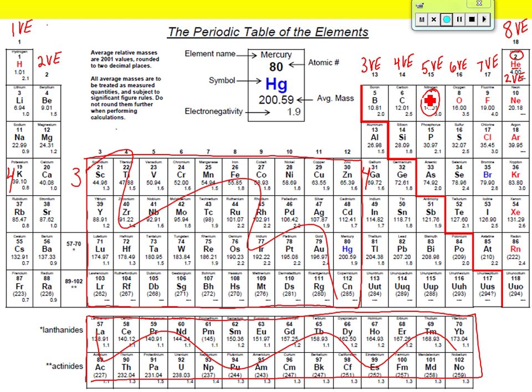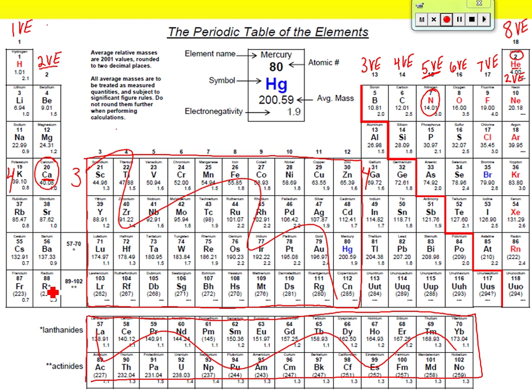Hopefully you're saying 5 valence electrons, because every element in this whole group here has 5 valence electrons. Okay, let's try another one. How many valence electrons does calcium have? Calcium's right here. Hopefully you're saying it has 2 valence electrons, because every element in this group has 2 valence electrons.